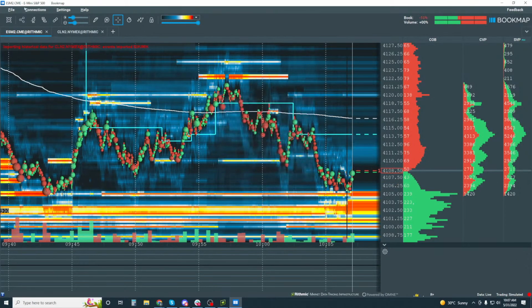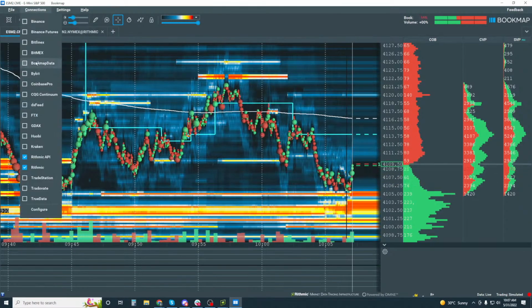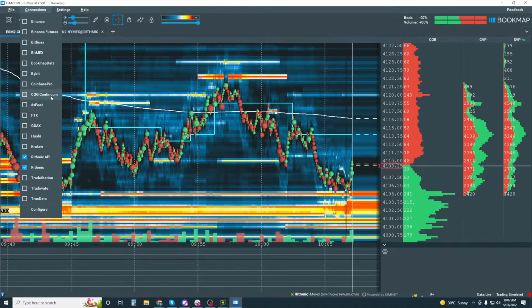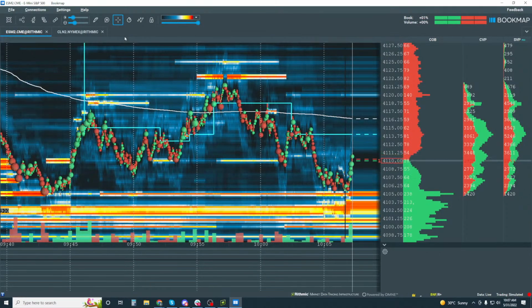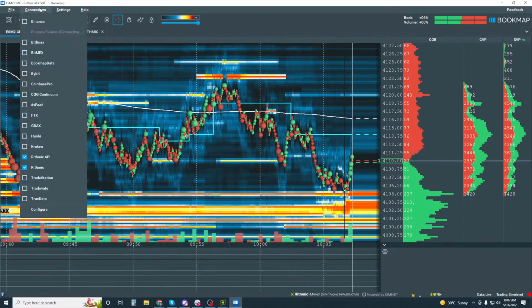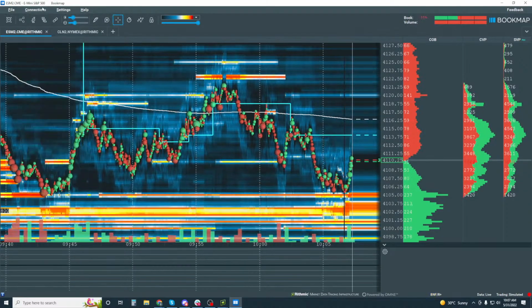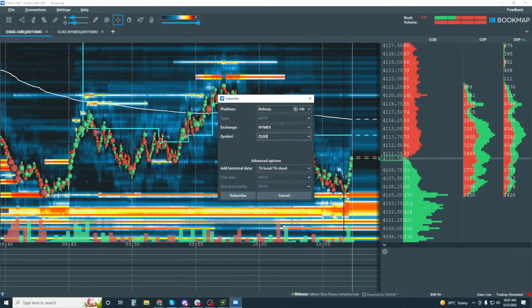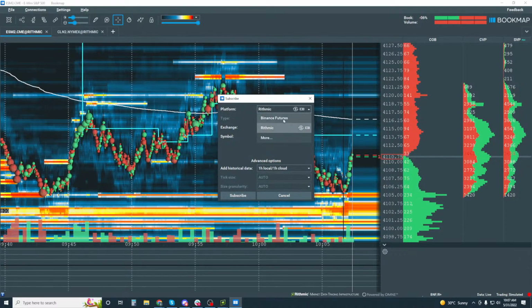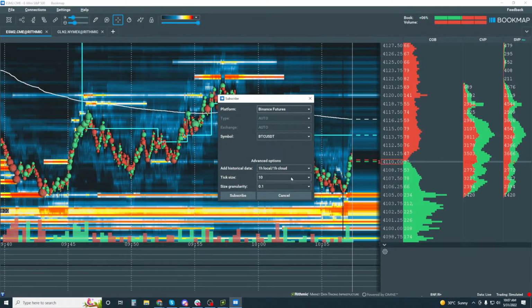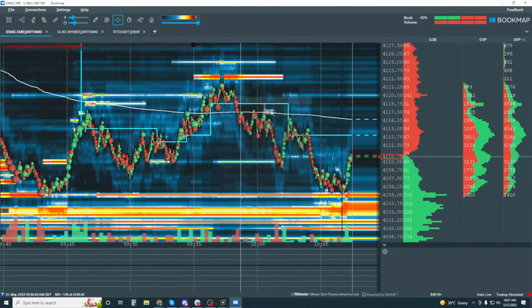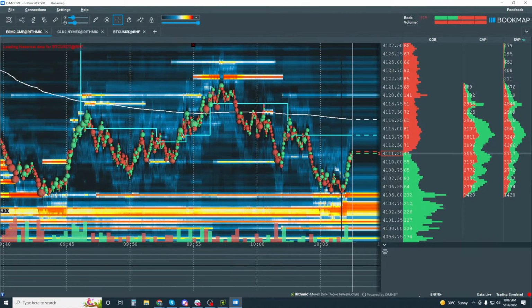And then I definitely want to add the new Binance futures. Our new indicator there. Yeah, looks good. You guys use $10 for your tick size.